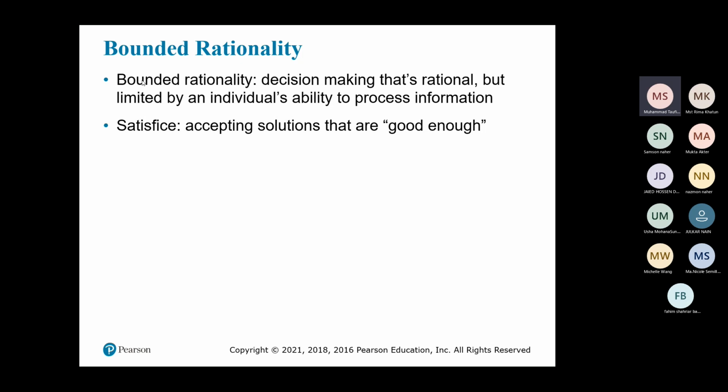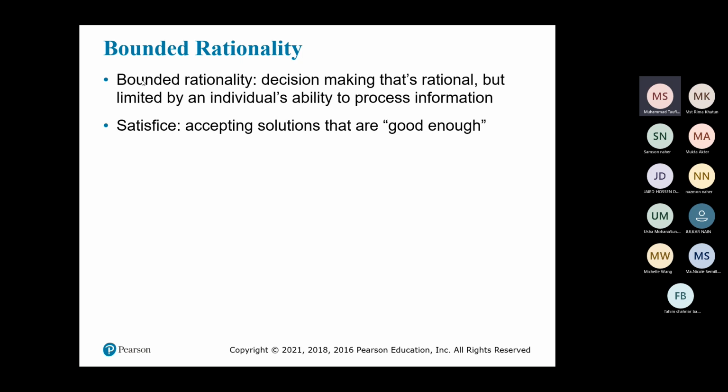It means that we put some boundaries, because we have limited knowledge, limited time, limited experience, and limited resources when we are making the decision. So we are making the decision based on our boundaries. That is bounded rationality decision making.